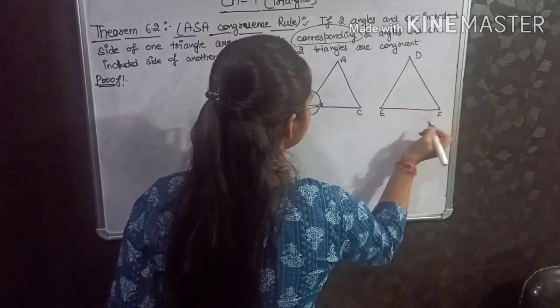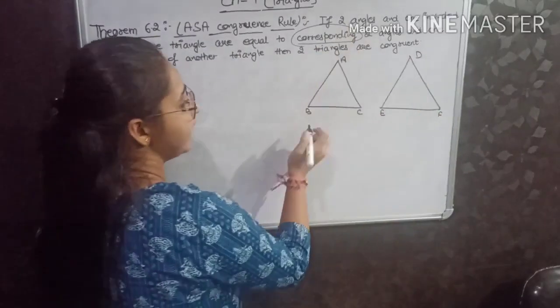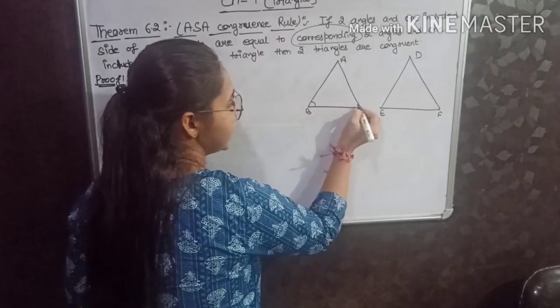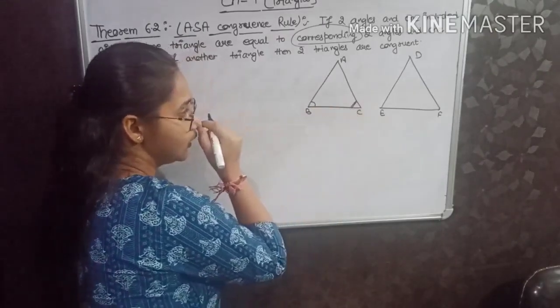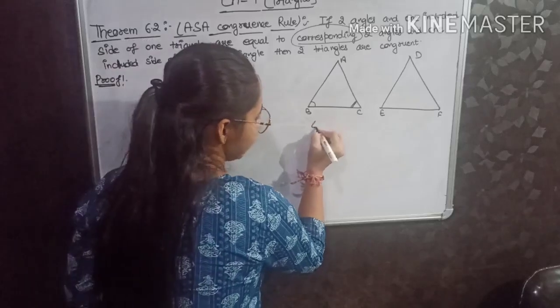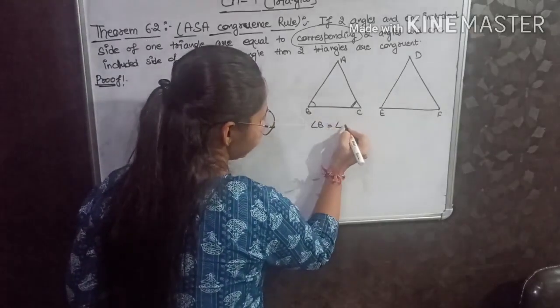Now, what is given? Two angles. I am taking angle B and angle C of triangle ABC. So, angle B is equal to angle E, it is given.